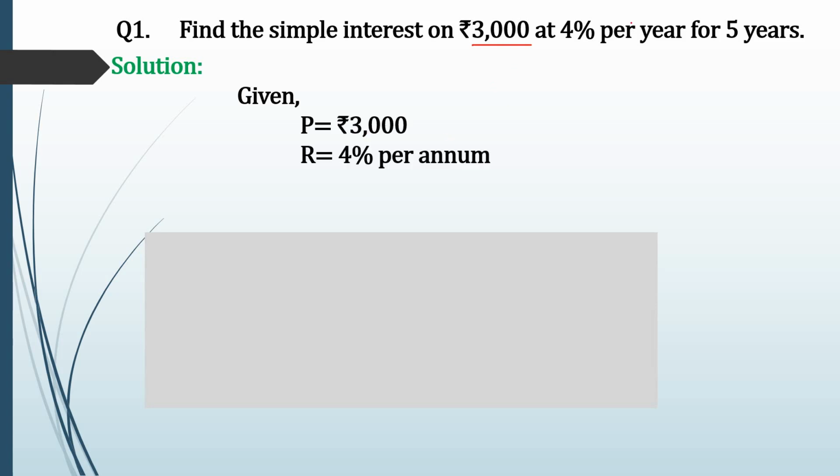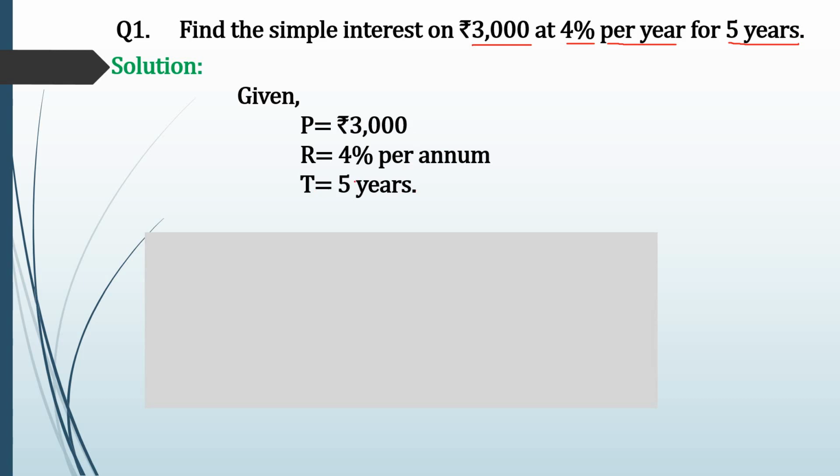Then we are also given rate. Rate over here is 4%. But please remember the time also. It is mentioned over here per year. So we have to write over here 4% per year. That means in 100 rupees, the interest is 4. And we are also given time over here, and the time is 5 years. Please remember this unit of time, years.